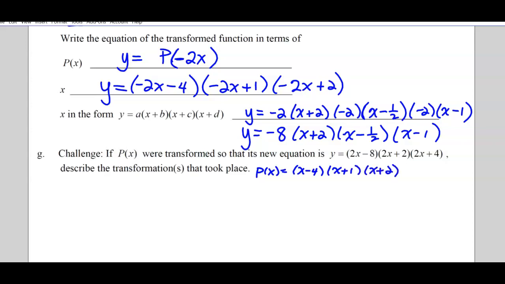You have to think about what you replace x with. If you look at those factors and find the x-intercepts of that transformed function, they're all the same as the original x-intercepts. So that means there's no horizontal stretch.